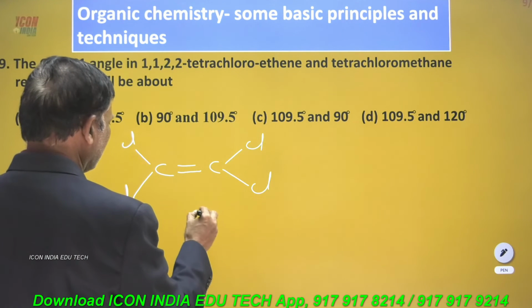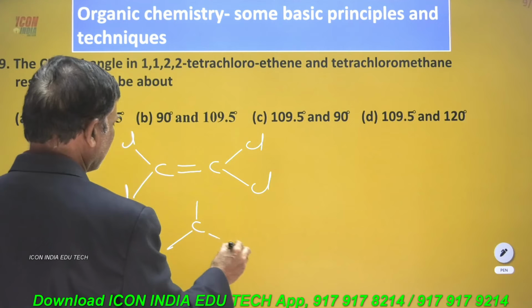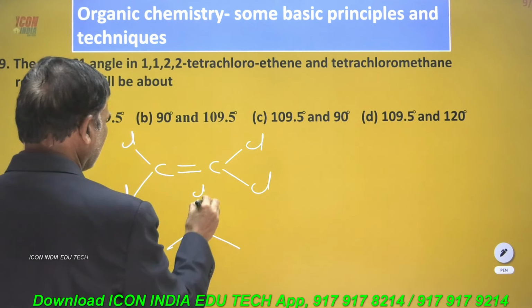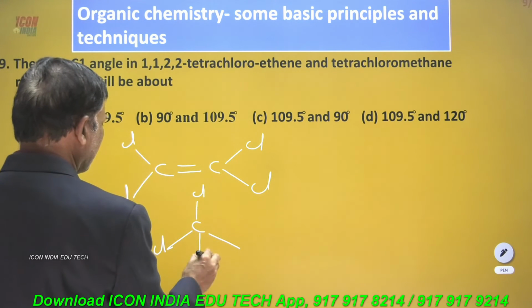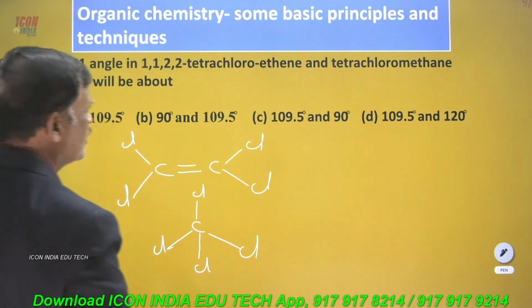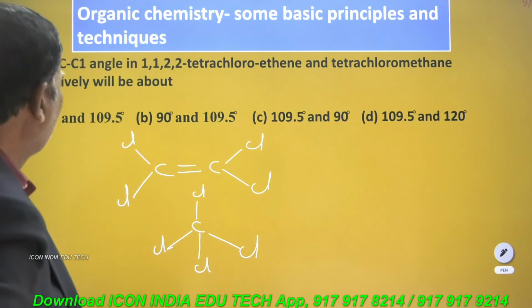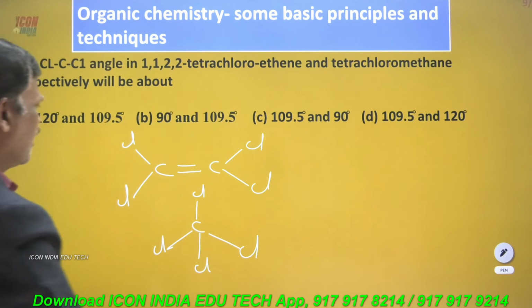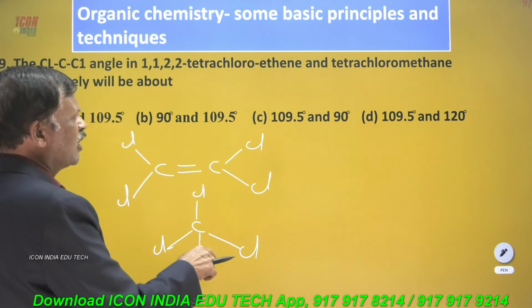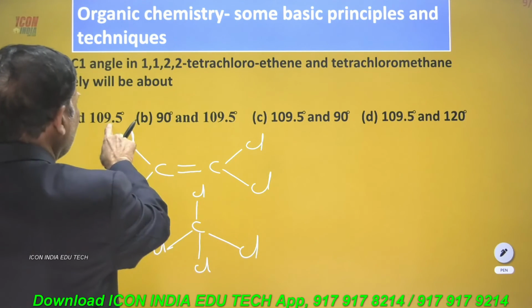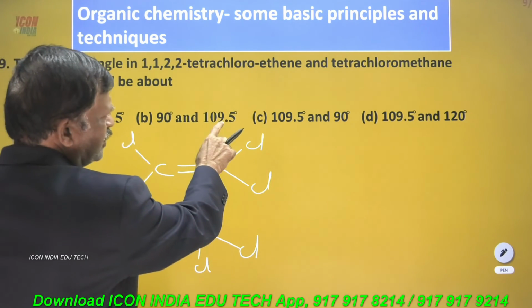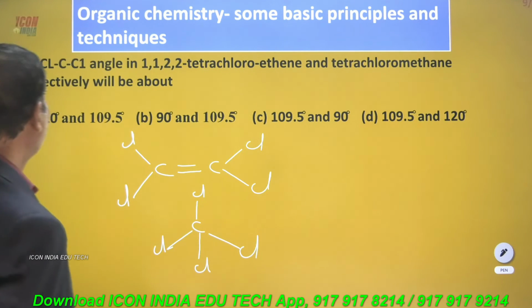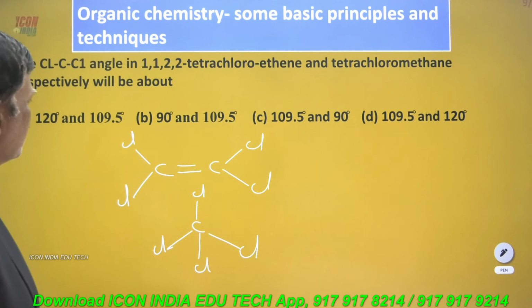This is tetrachloromethane. This is tetrahedral, 109 degrees. So your answer will be either the first option or the second option, because tetrachloromethane is clearly perfectly tetrahedral, 109 degrees. 109 only in the first two options. That is why first or second.